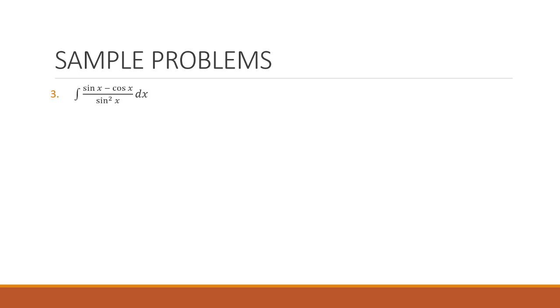We can also do that with trigonometric expressions. So for this one, we have a binomial in the numerator and a monomial in the denominator. We can just simply apply the distributive property. So kumbaga, distribute niyo ang sine squared x for each of the terms in the numerator. So we'll have sine x over sine squared x minus cosine x over sine squared x, tapos simplify lang.